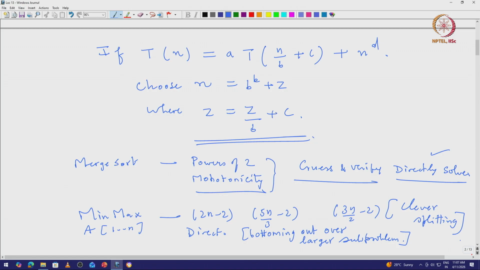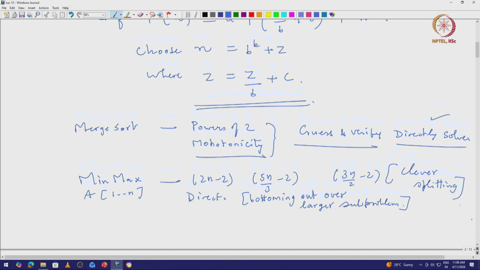If that is good enough, you can take it, but if that is not good enough, then you look for opportunities to improve. You want to get more mileage out of an idea, the best use of that idea. So here are the ways in which you can potentially improve. Look for clever splitting, look for bottoming out at a larger problem. All these things are illustrated by the min-max case study.